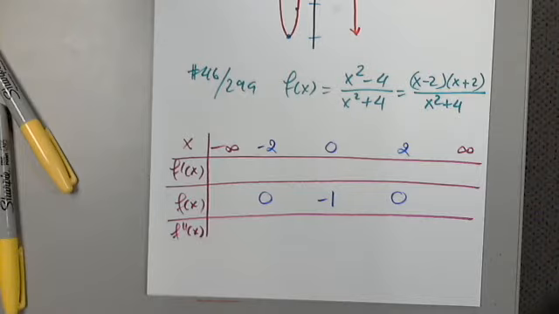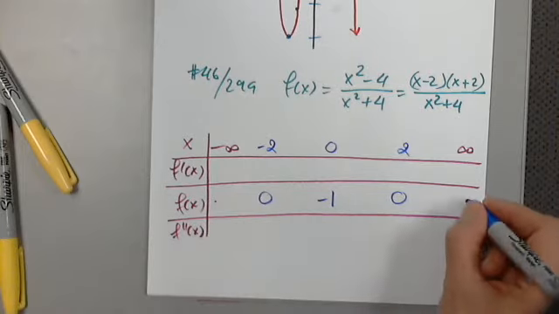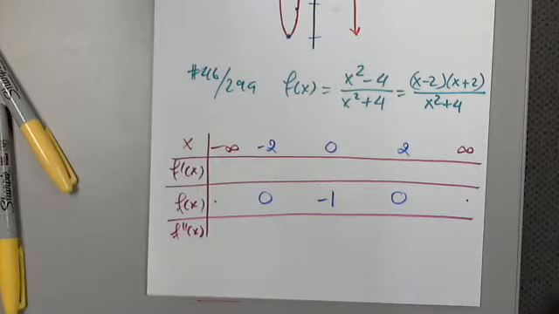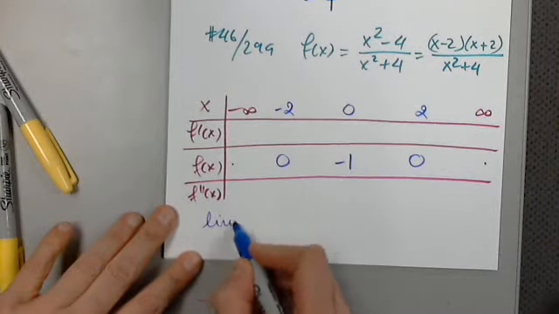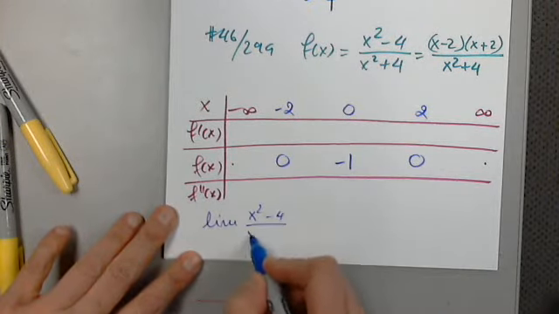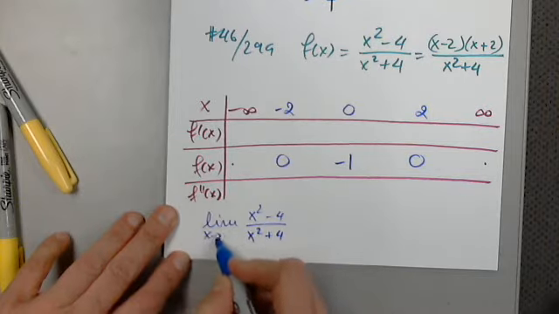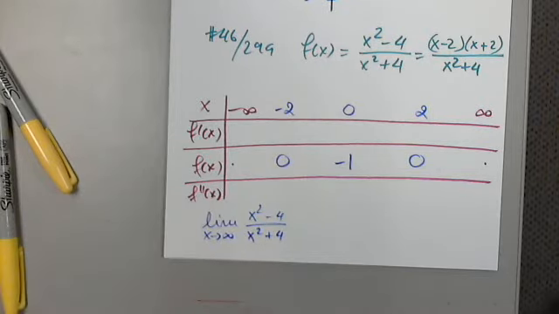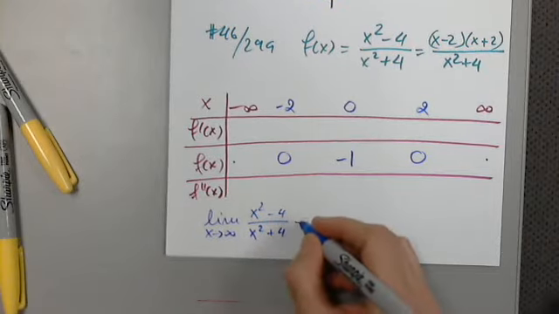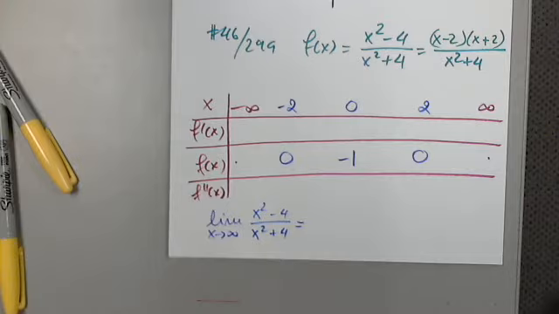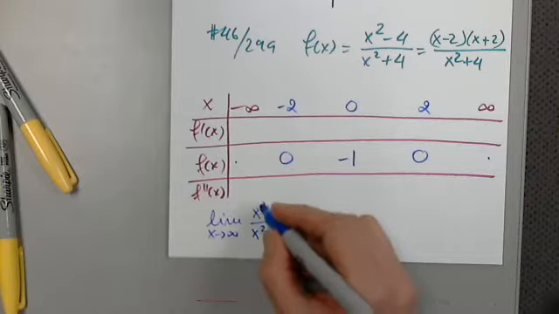Okay. And of course, the limit of (x squared minus 4) over (x squared plus 4) as x approaches infinity or negative infinity. It's not going to make any difference. What is this preliminary situation? I need to know what situation this is.